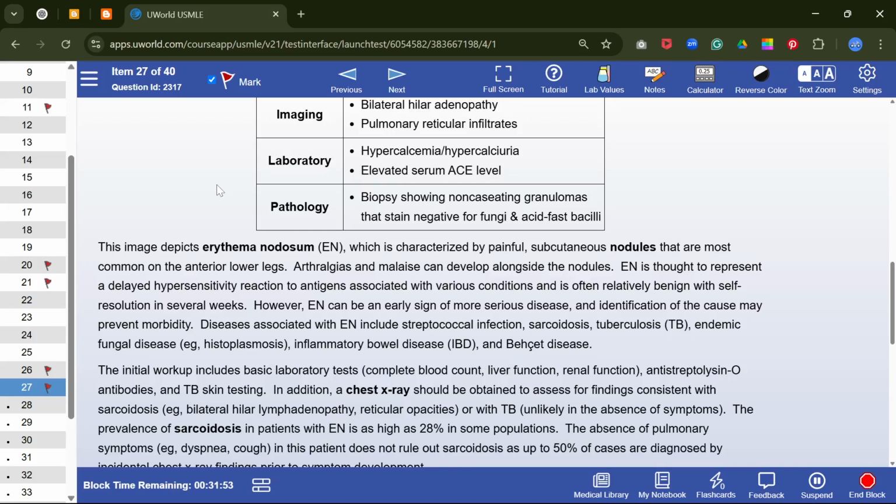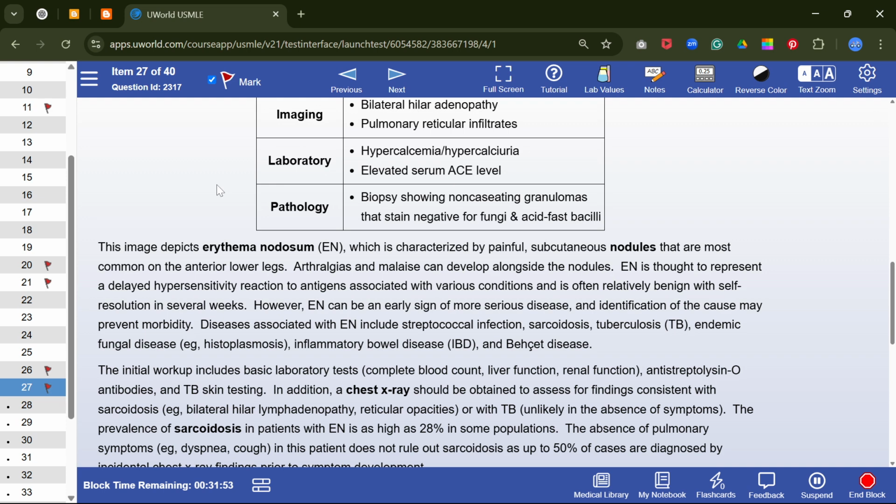Okay. This image depicts erythema nodosum, which is characterized by painful subcutaneous nodules that are most common on the anterior lower legs. Arthralgia and malaise can develop alongside the nodules.